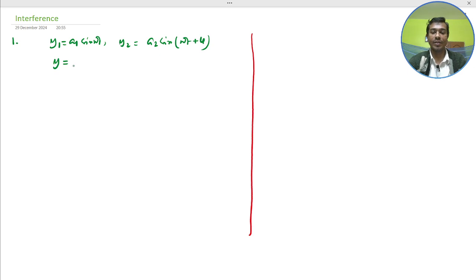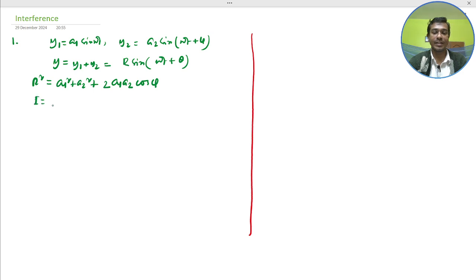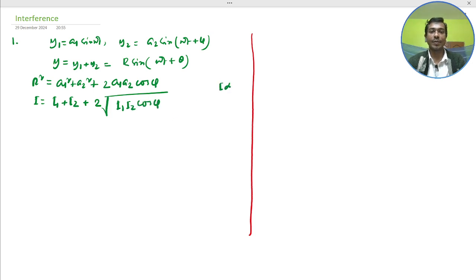The resultant y equals the sum y1 plus y2, equal to R sin (omega t plus theta), where R square equals a1 square plus a2 square plus 2 a1 a2 cos phi. And the intensity of the resultant is I1 plus I2 plus 2 root over I1 I2 cos phi. Basically I is proportional to a square.